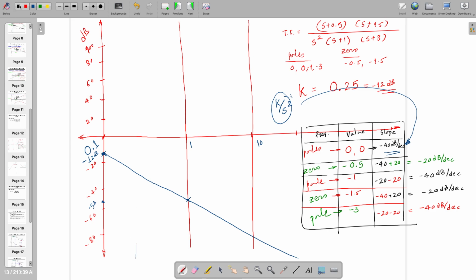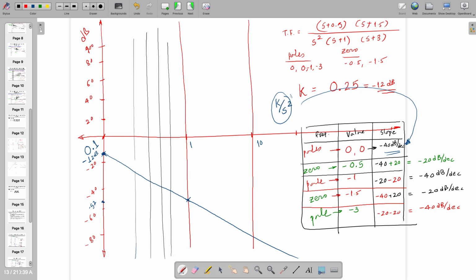So you may see 0.2, 0.3, 0.4 and 0.5. So there is no need to remove the remaining plot. Don't worry, right? Here it's minus 40 dB per decade.